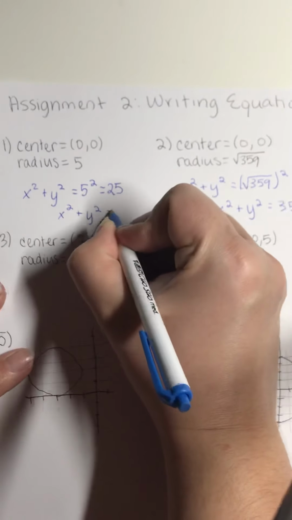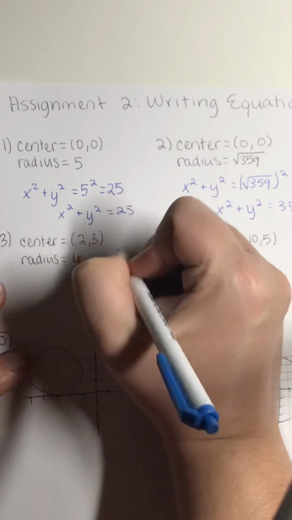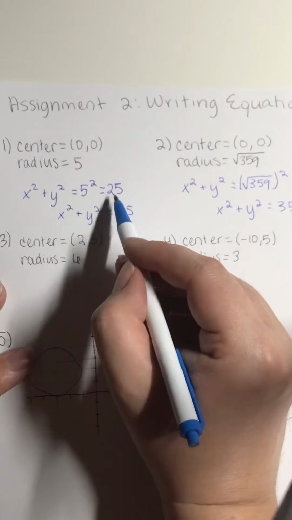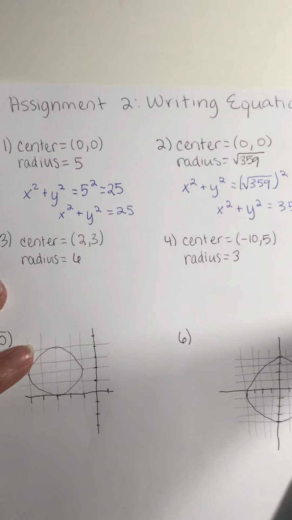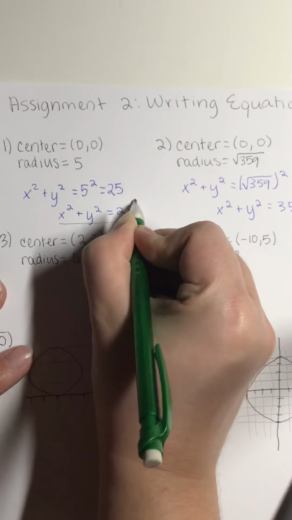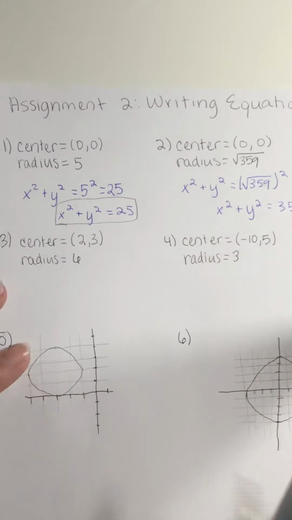X squared plus y squared equals 25. It does equal 5 squared, but 5 squared equals 25. Always best to simplify as much as we can in mathematics. Go ahead and box up those answers.